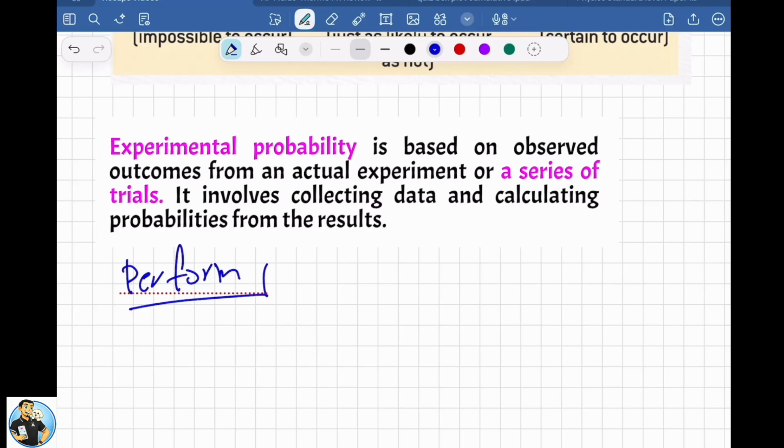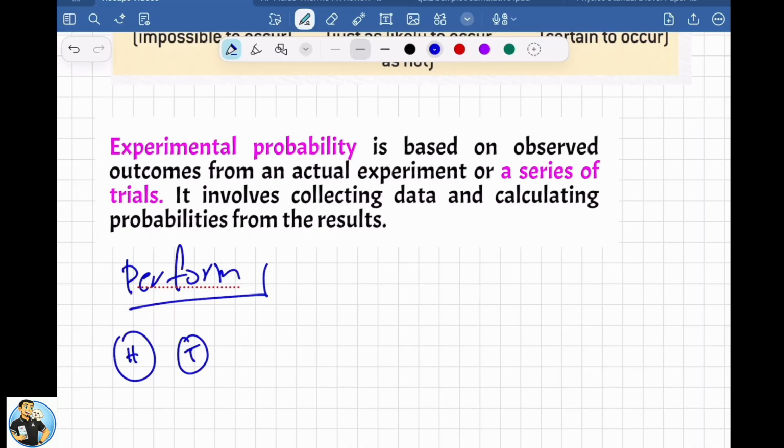For example, guys, we already know that if we use a coin, we have heads or tails. And we know beforehand that the probability of getting heads is 0.5 and getting tails is 0.5. But that is theoretical probability. When we are talking about experimental, we need to perform the experiment.